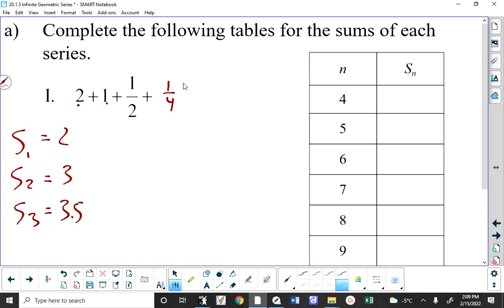Let's do that. Let's add them up. And we're going to work in decimal here. I don't want to work in fractions. 3.75. And we could continue to do this, but I'm hesitant in doing that.